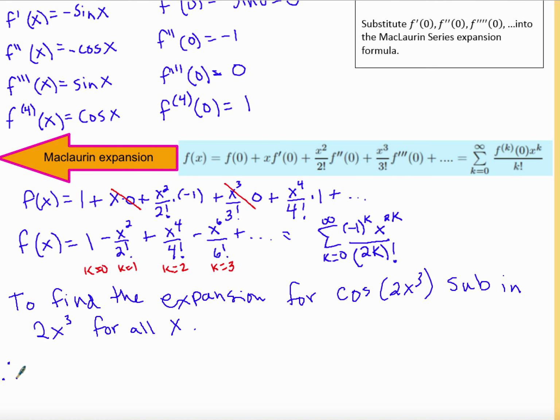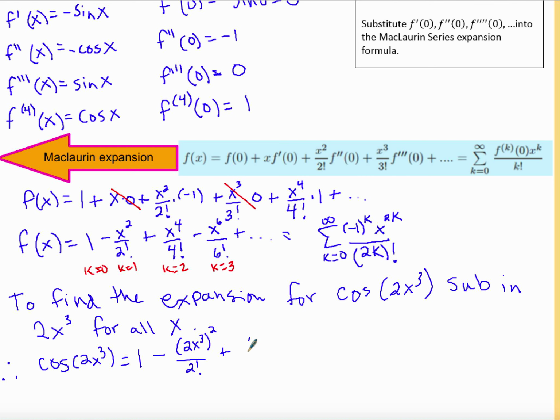Then we're going to have the cosine of 2x cubed is equal to 1 minus, well, I've got x squared. No. I've got 2x cubed squared divided by 2 factorial plus x to the 4th divided by 4 factorial.